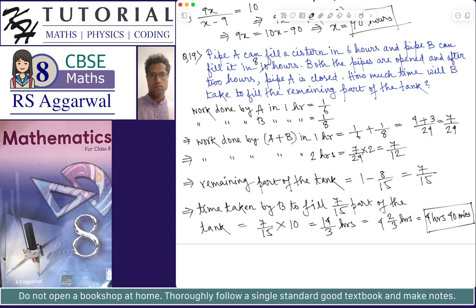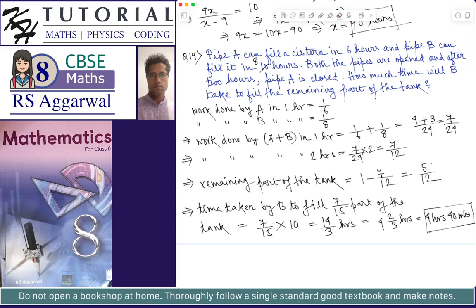So the remaining part of the tank will be 1 minus 7 by 12, which is 5 by 12.